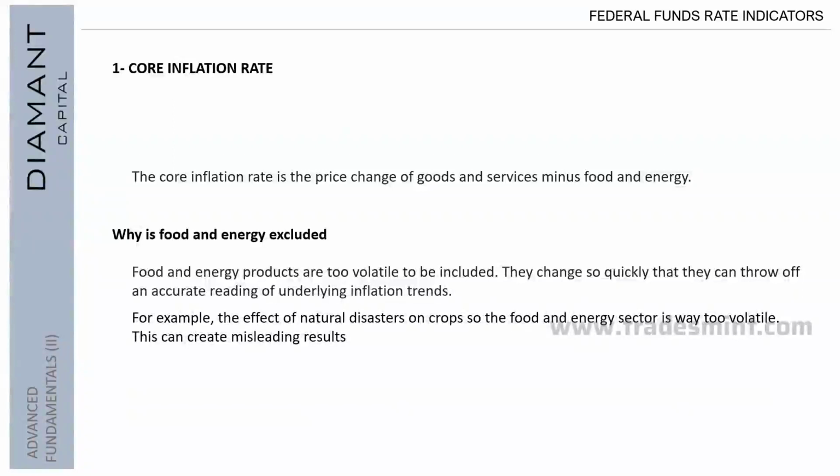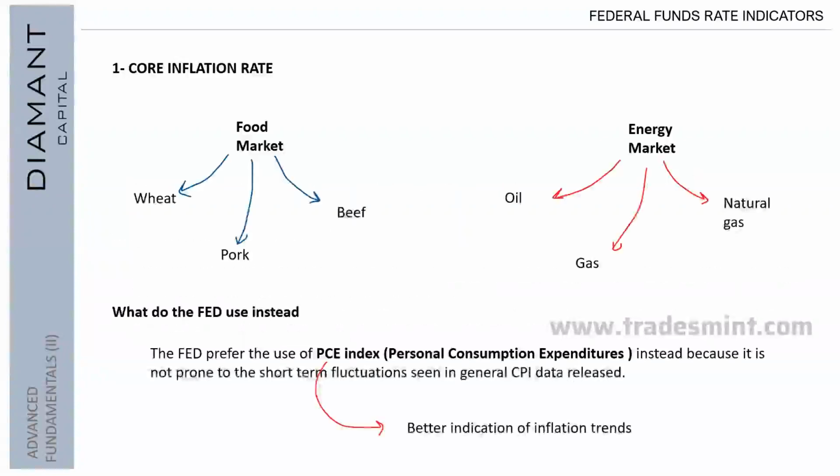Now, understand we've already previously gone through CPI and the core inflation rate as it's called. But this is really one of the most essential parts that they look at just to get an accurate understanding of how much inflation there actually is in the market. So to look at that again, the food market, the main three that they would look at is wheat, pork, and beef.